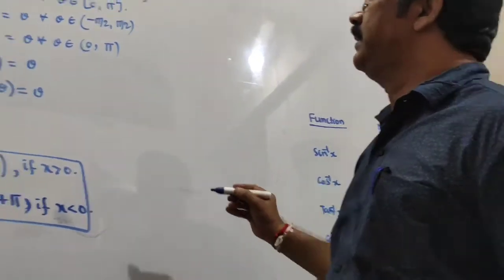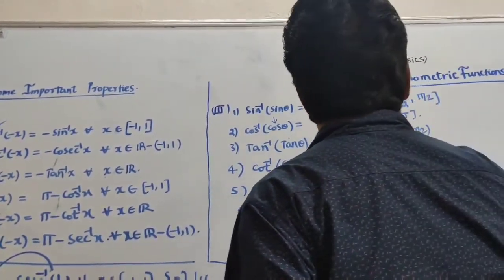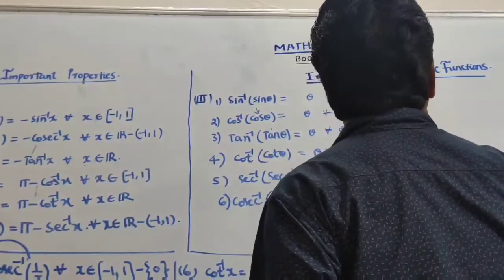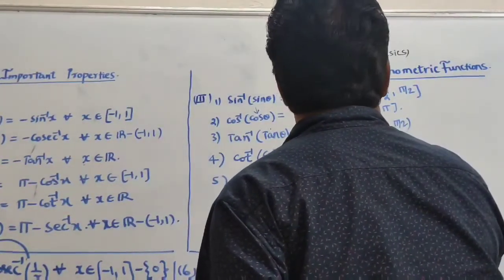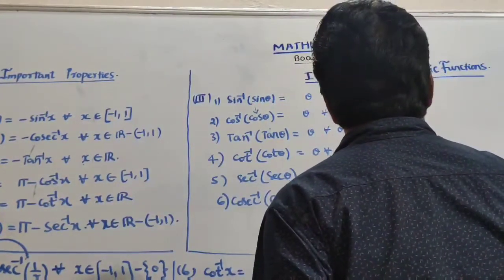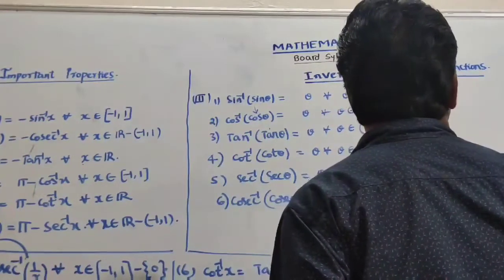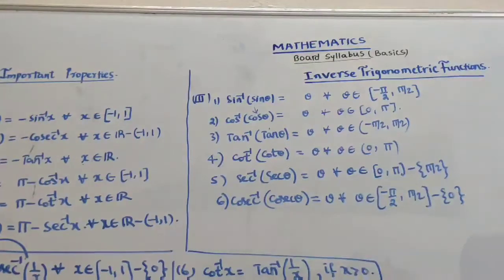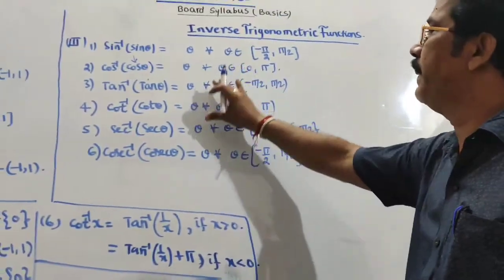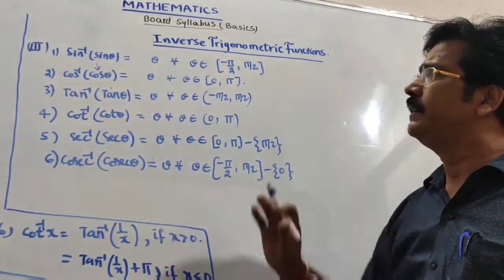Next, for all theta that belongs to the closed interval of 0, pi minus the set of pi by 2, and for all theta that belongs to the closed interval of minus pi by 2, plus pi by 2 minus the set of 0. Indirectly we are copying only the set of ranges, so you need not remember separately. Just memorize the ranges, theta values like that. Okay, this is Roman number 3.